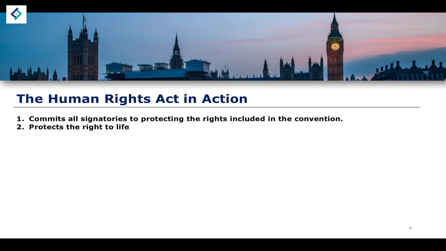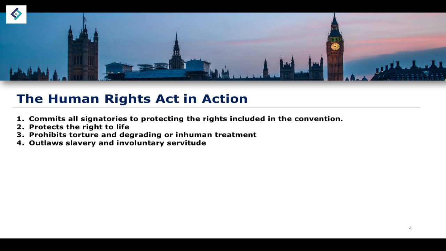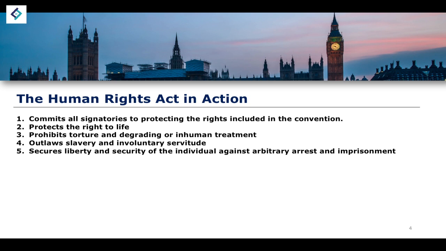And then we have the right to life, the prohibition of torture and degrading or inhuman treatment, the outlawing of slavery as well as involuntary servitude, the securing of liberty and security of the individual against arbitrary arrest and arbitrary imprisonment, and the guaranteed right to a fair trial.